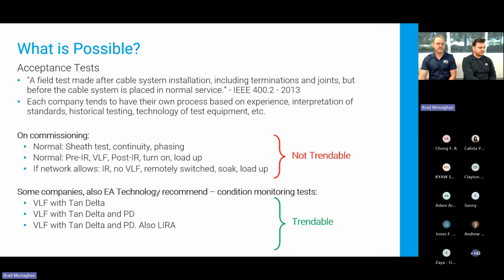Those three tests mainly are the tan delta test, the PD test, and then there's also a LIRA test. It's important to note here that the basic commissioning tests at the start are generally not trendable, and the ones down the bottom are definitely trendable. So it's good to get that benchmark, and we're going to focus on these things.